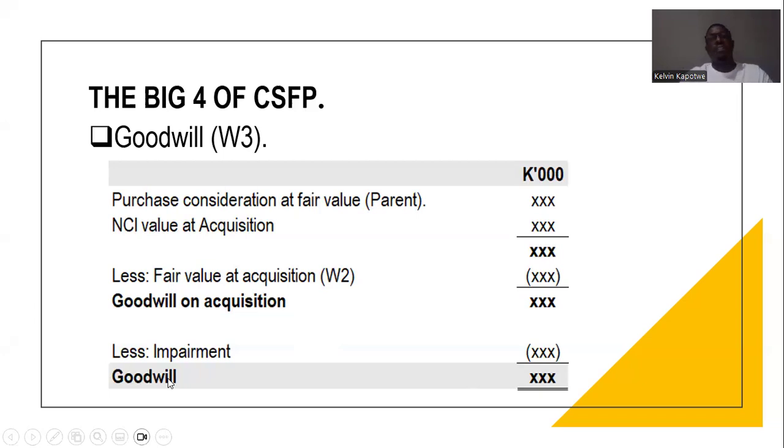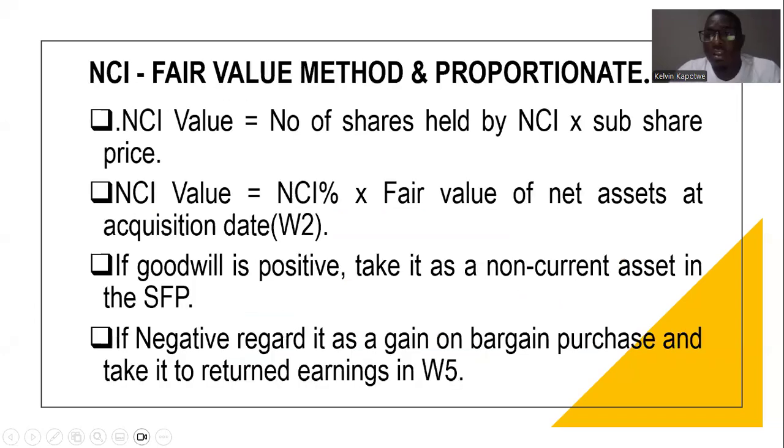Then after having calculated your goodwill, you have to move to the next item. So we've dealt with two big items that you need to do: the net asset list and the calculation of goodwill. Now let me help you understand how you determine the value of the NCI.